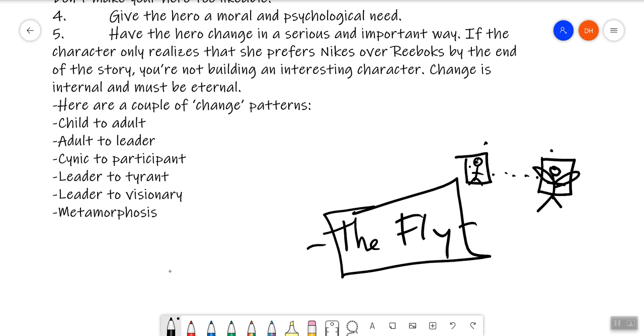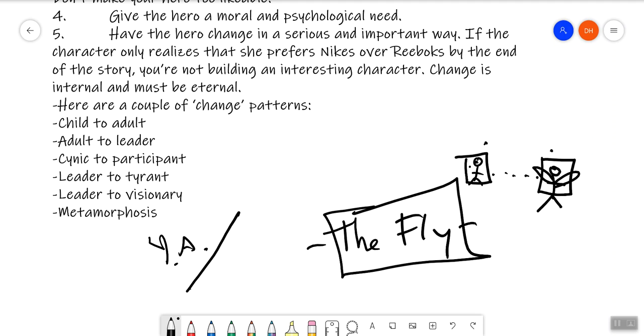So let's think, if we're talking like a young adult novel, this idea of the physical change through puberty, for example, that children go through before they become adults. Okay, that is a metamorphosis plot. That's a metamorphosis change, okay, regarding a character.